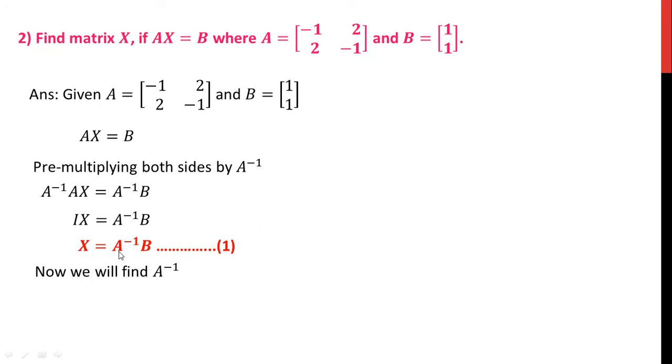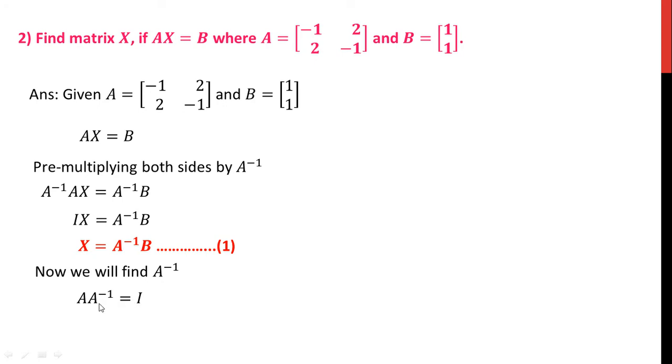Here I will find the inverse of this matrix by using row transformations. So let us find the A inverse of the matrix. If I decide to use row transformations, then I will start with A into A inverse is equal to I. You know the procedure.